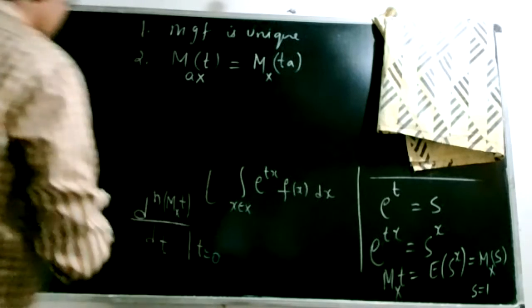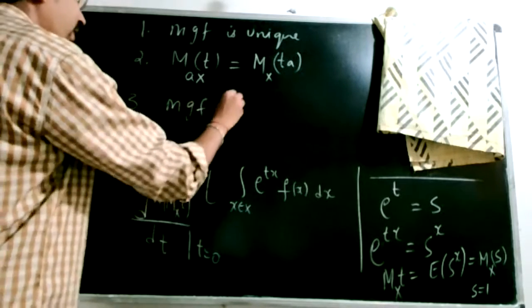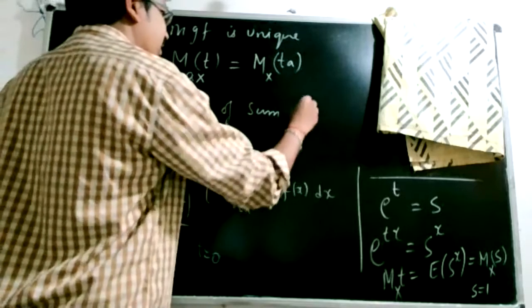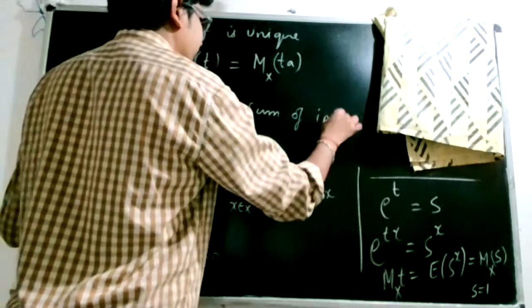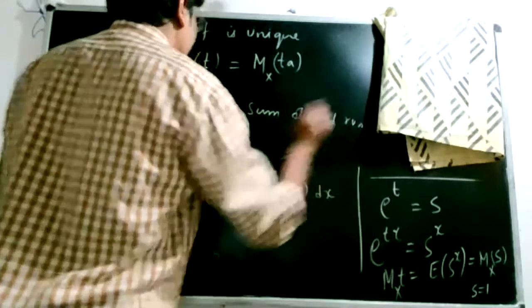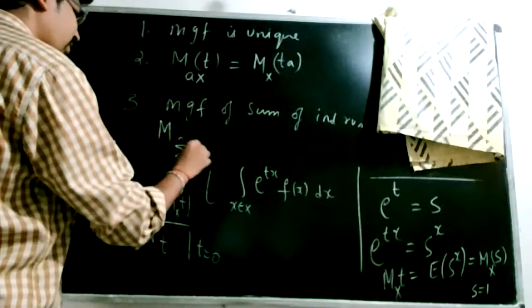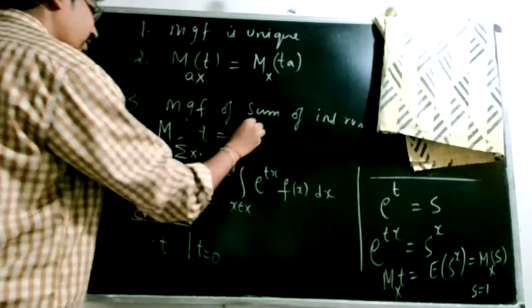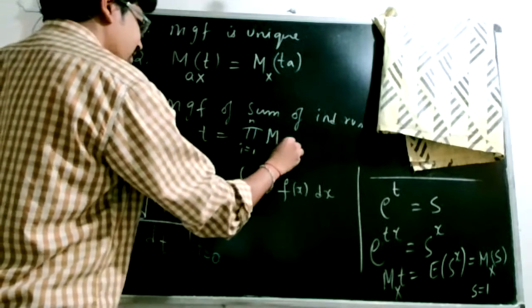And we talk about the MGF of a sum of independent random variables. Then we said the MGF of the summation of Xi, i equals 1 to n, at t is given by the product of i equals 1 to n of M Xi of t.